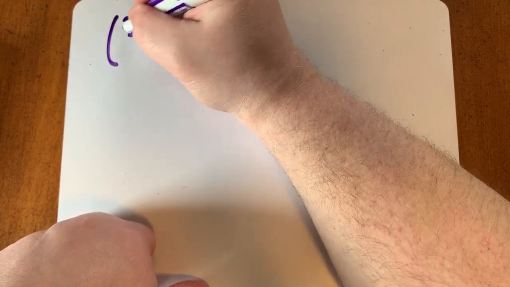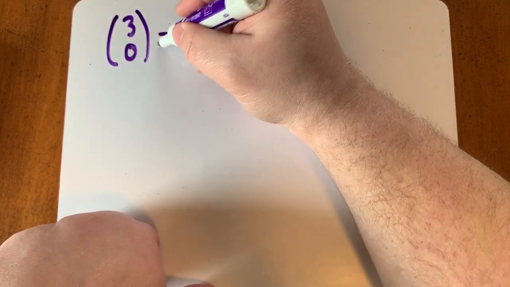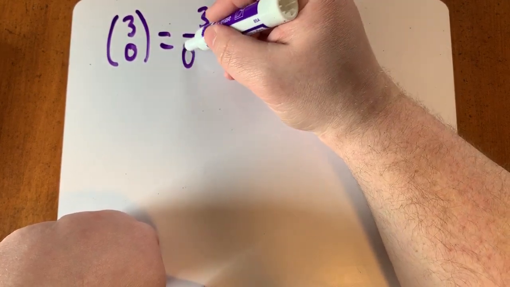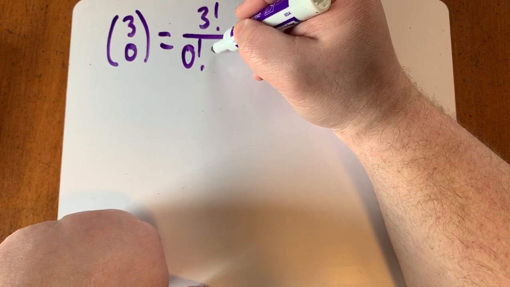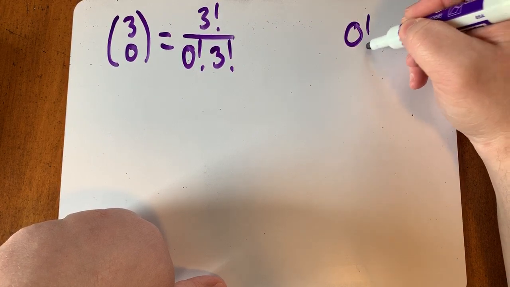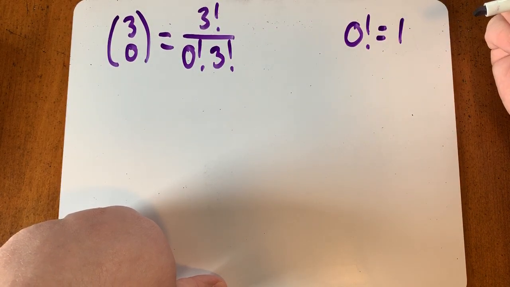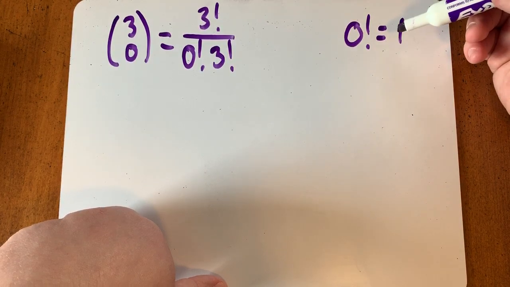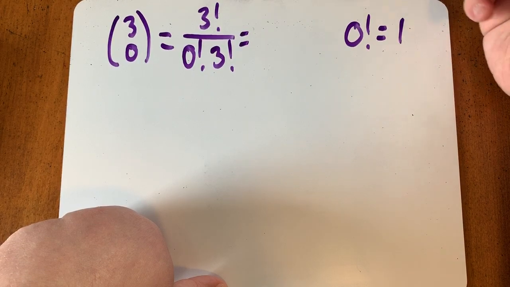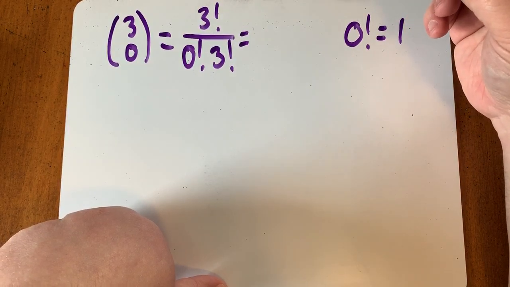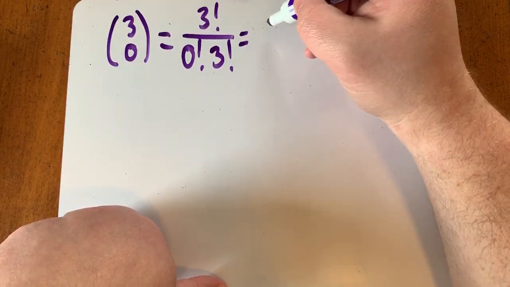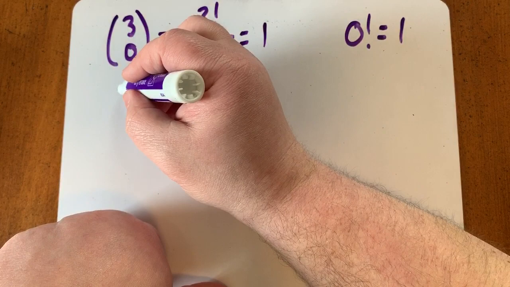So if we did 3 things taken 0 at a time, 3 factorial over 0 factorial, and then 3 minus 0, which is 3 factorial. Fun fact, 0 factorial is equal to 1. We'll talk about why this is next week when we talk about this formula as well. But just trust me, it's 1 for now. We'll go in depth on it at a different time. But that's just 1, so it's 3 factorial over 3 factorial, so that's 1.